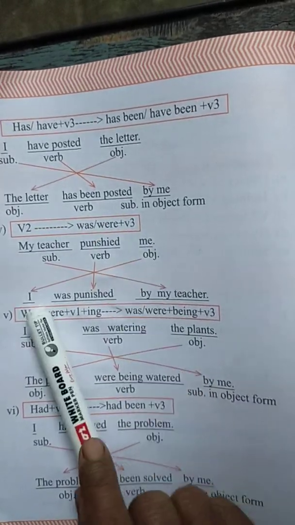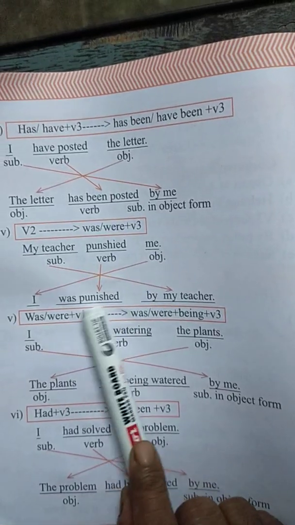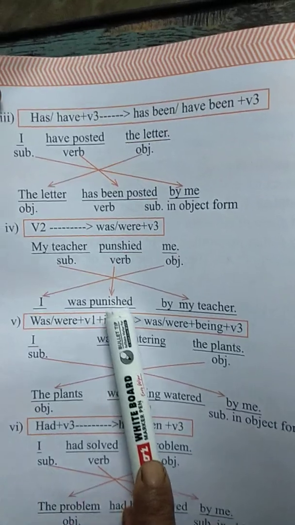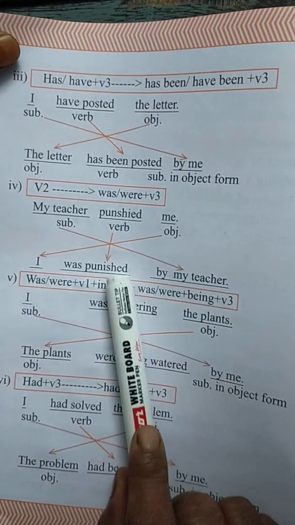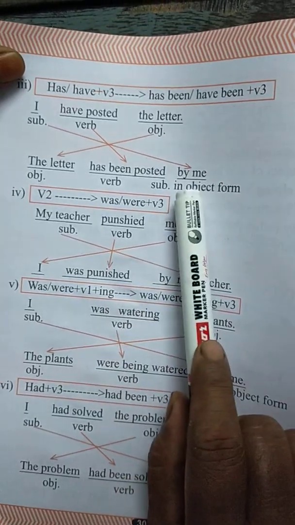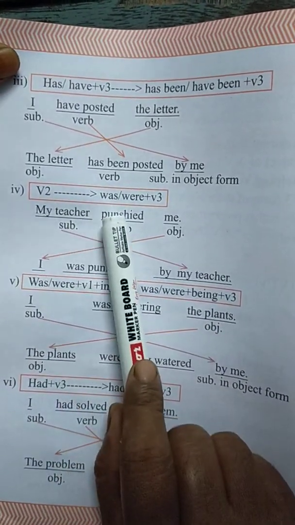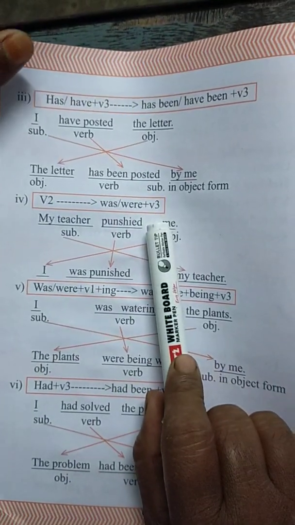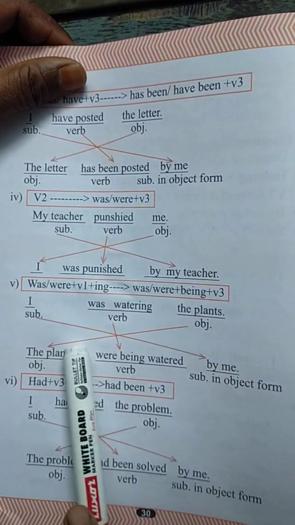The me will be I. Then punished will be was punished, and my teacher will be changed to by my teacher. So like this it will be done. Why? Verb 2 is was or were plus v3, because the main verb will be v3. So we have completed it.